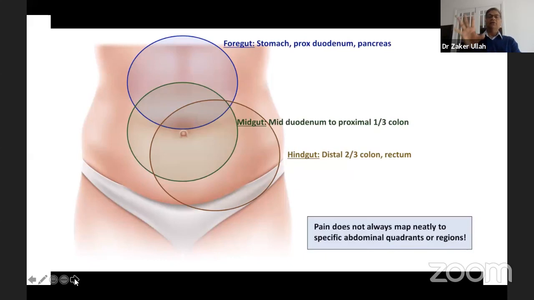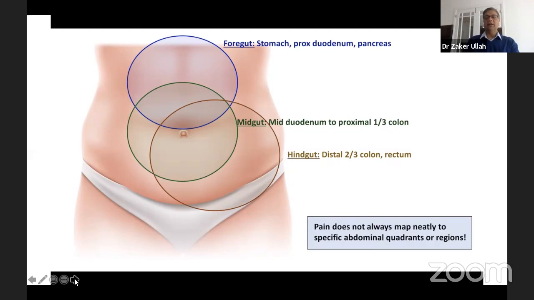If we divide it according to foregut, midgut, and hindgut symptoms, the stomach, proximal duodenum and pancreas are from the foregut, so most of the pains you will see in the epigastric region. Midgut, from mid-duodenum to the proximal one-third of the colon, is mostly para-umbilical, because this is anatomically and also embryologically the way the nerve supply is given to those structures.